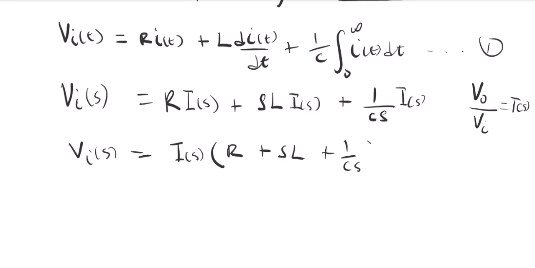Now remember that we said we are going to measure the output voltage as the voltage appearing across the capacitor, and the capacitive voltage is equal to the impedance of the capacitor in the frequency domain multiplied by the current, just like Ohm's law.